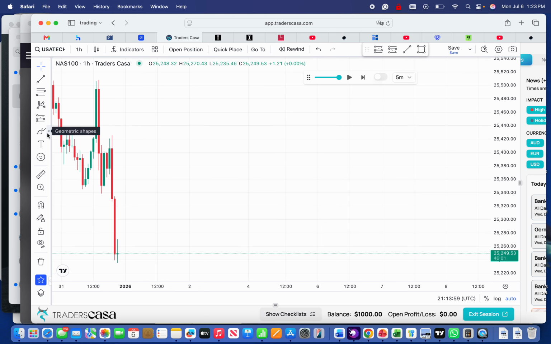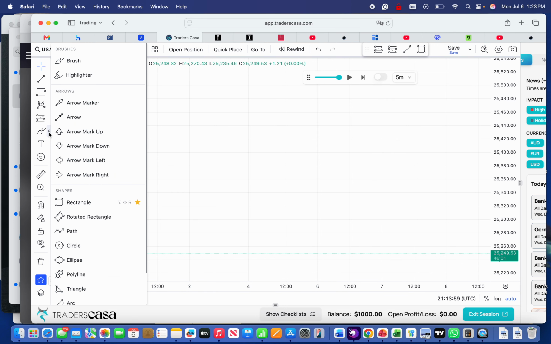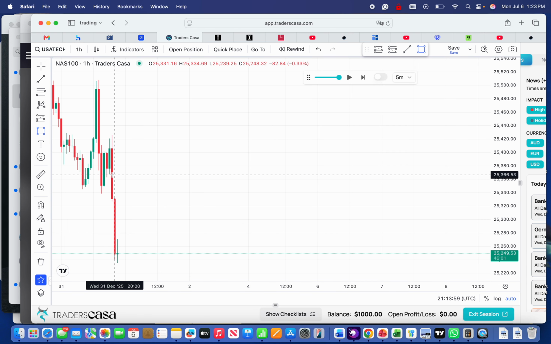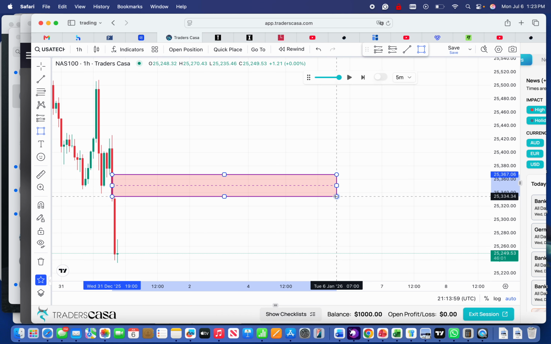So how to mark out a fair value gap. You go right here on this sidebar. Looks like a lot of different things, right? But you click on this little brush. Don't click on it, click on the side arrow. Then you scroll down and look for a rectangle. Now at the top of this gap, you would click, then go all the way down to the bottom of this wick right here.